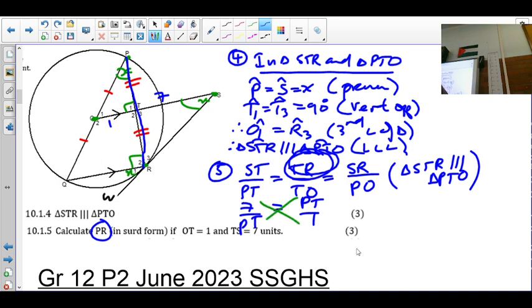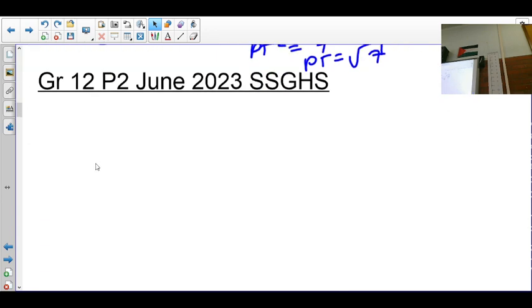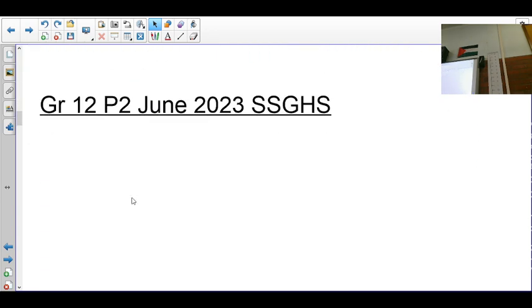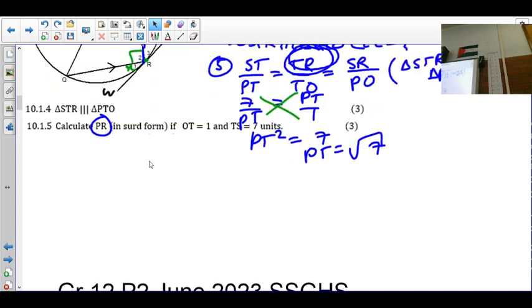So you cross multiply. So PT squared is equal to 7. So PT is equal to the square root of 7. Is that correct? Right. I think that was a nice question there, got me thinking. Oh yes, and I must double it, no?